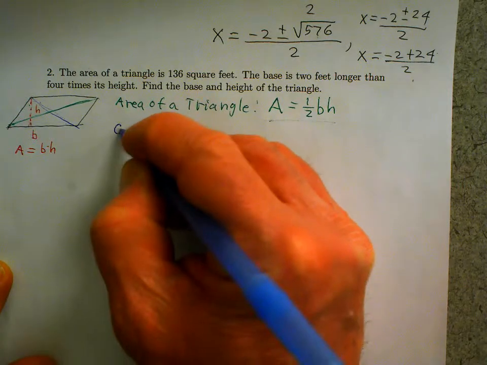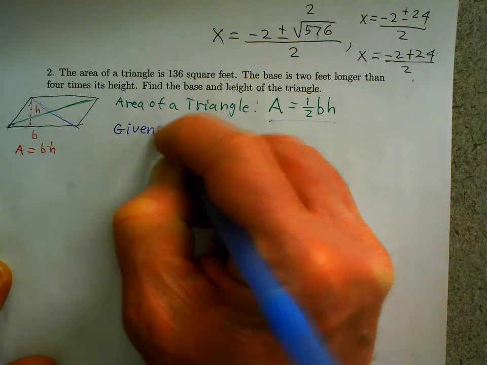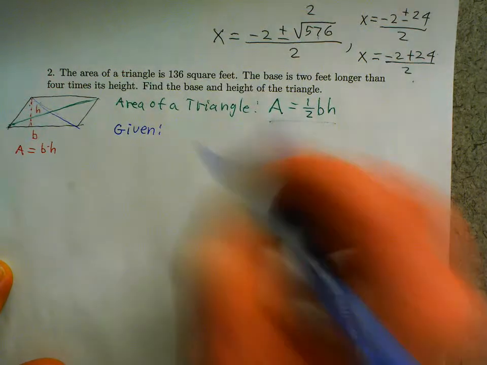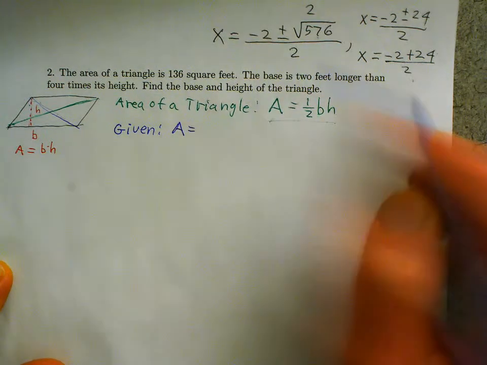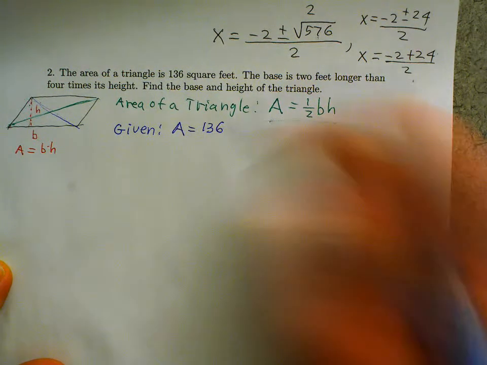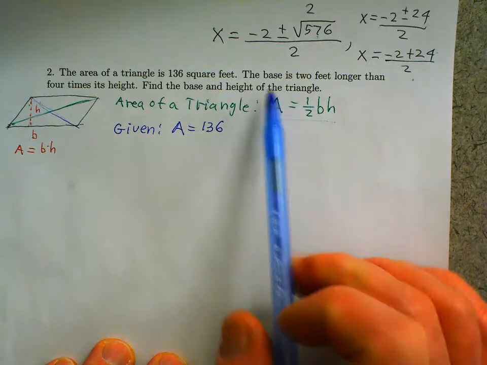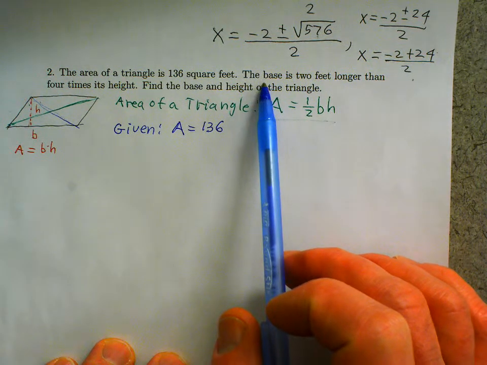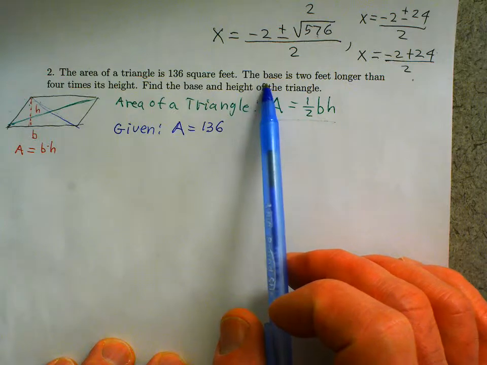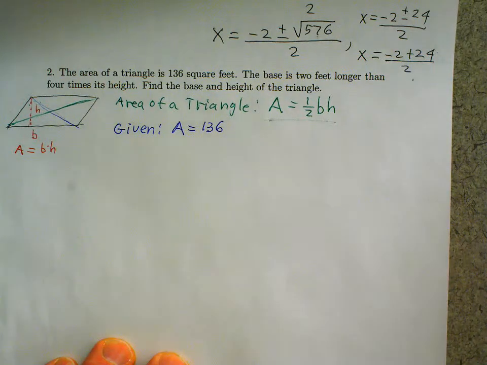Okay, so our given information, if we're going to use this formula, A is 136 square feet. And then in the second sentence, it says the base is 2 feet longer than 4 times its height.